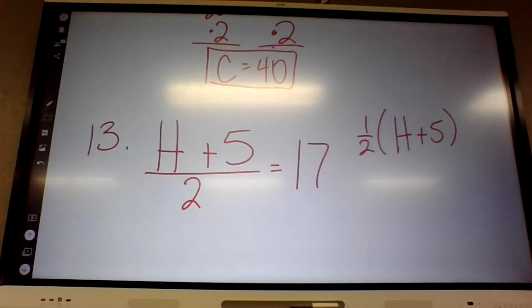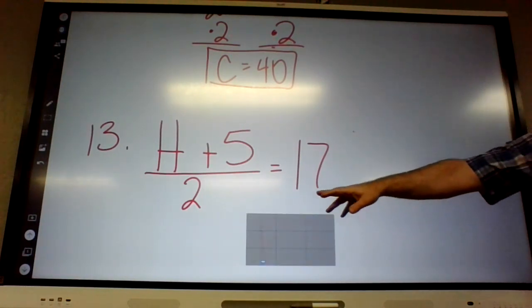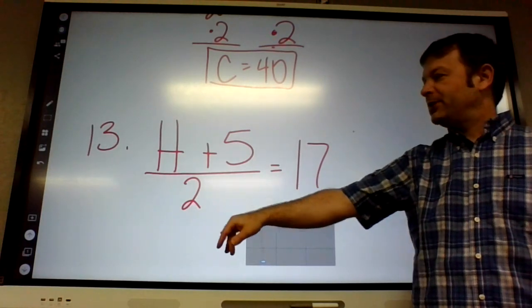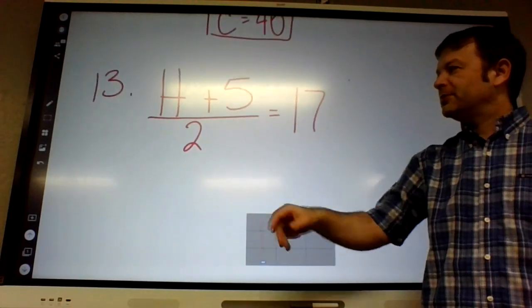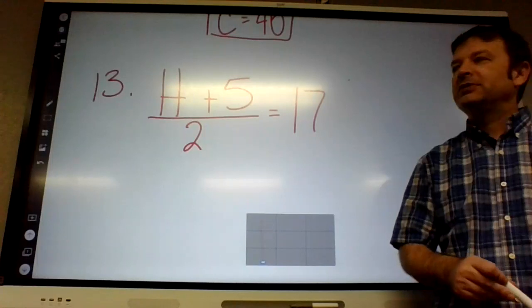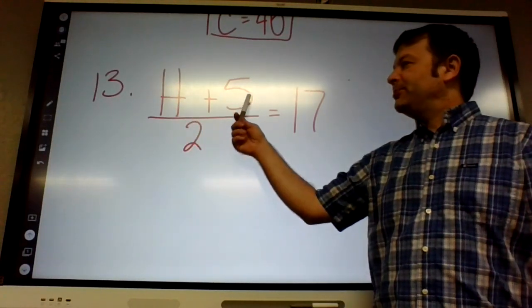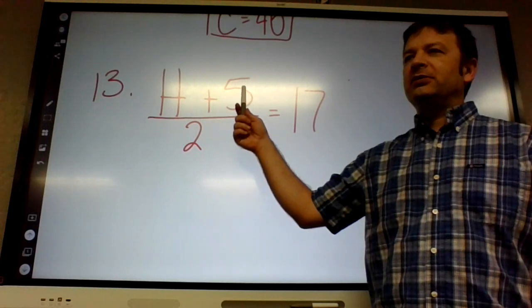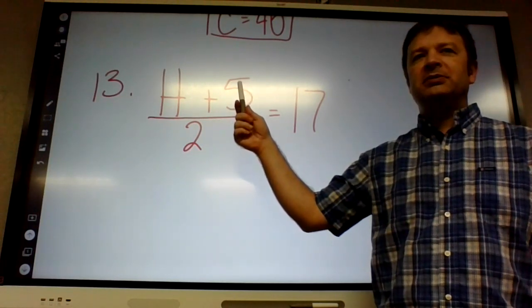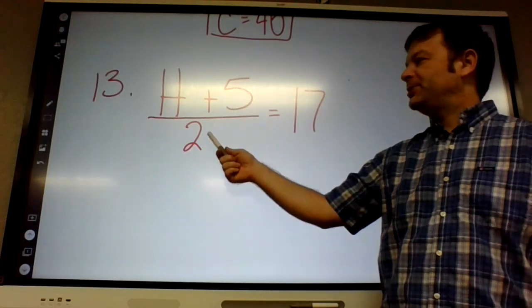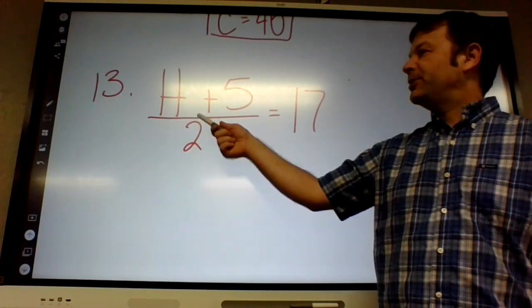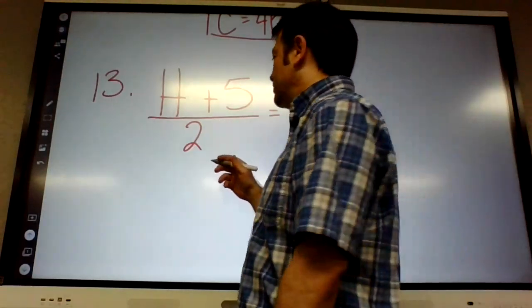Okay, we did a couple of these last week, 3 or 4 maybe. What do we do when there's a division bar here to solve? You could divide both these by 2, but they don't divide very well. Do you guys remember what we did? Multiply by 2 first. With the division bar, that'll get rid of this.